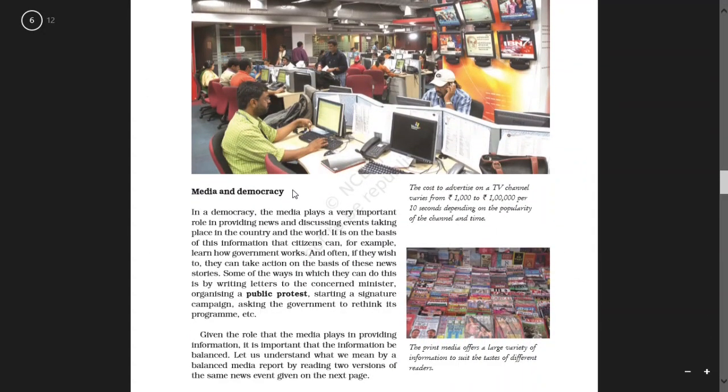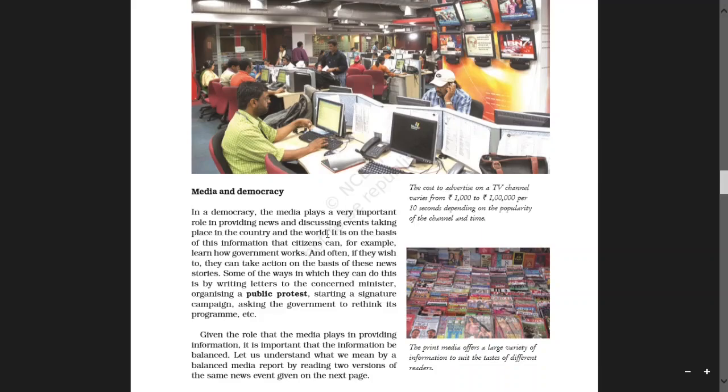Media and democracy. In a democracy, the media plays a very important role in providing news and discussing events taking place in the country and the world.